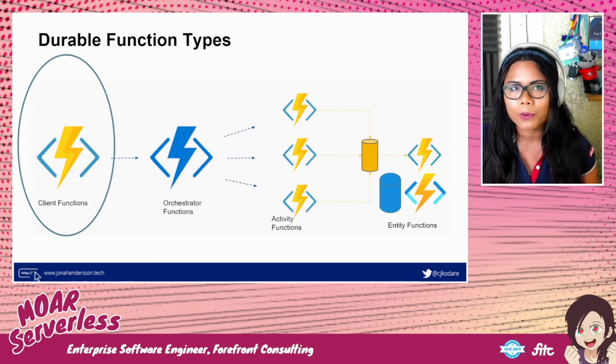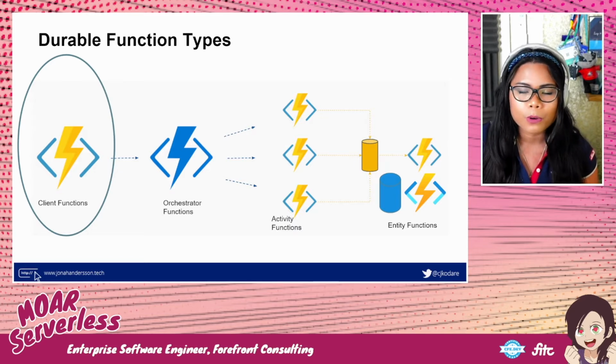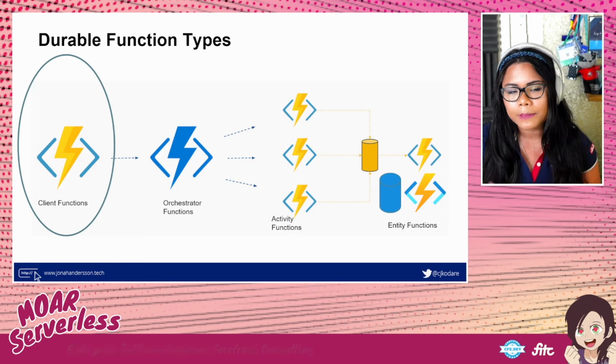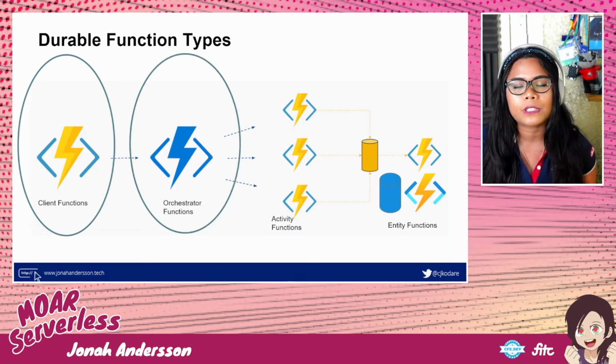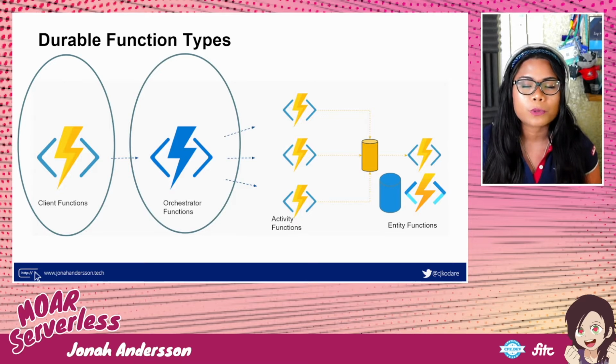This can be your HTTP trigger or a Cosmos DB trigger. There are different types of triggers available, and there's a list of them. But the point of client functions is that they kickstart the orchestrator.